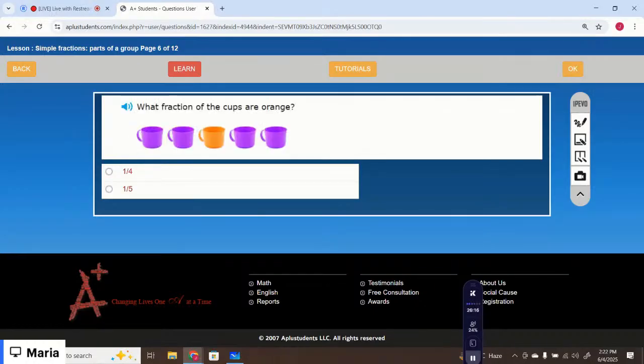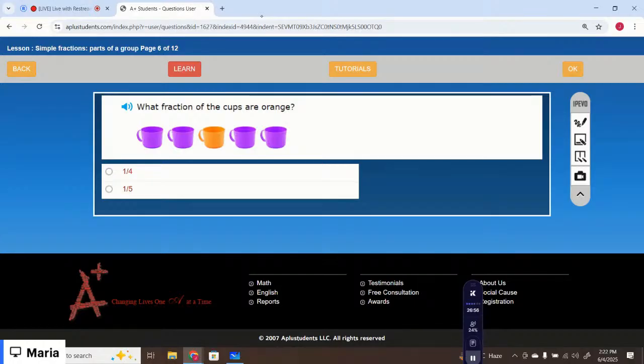Some of the cups are orange. Very good. That is one out of five.